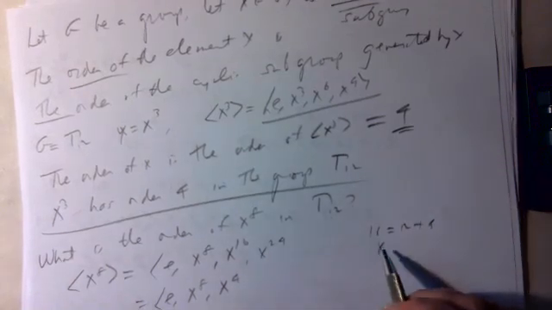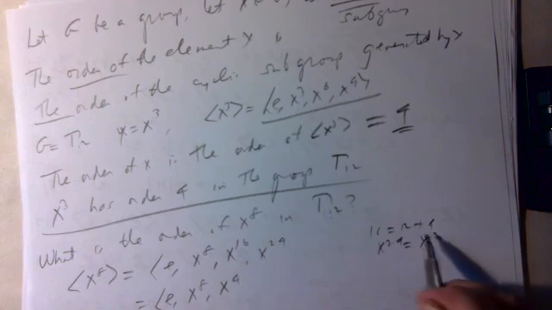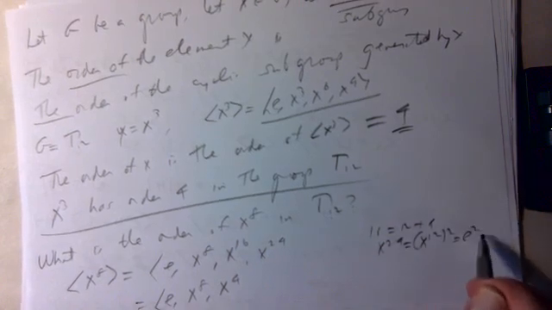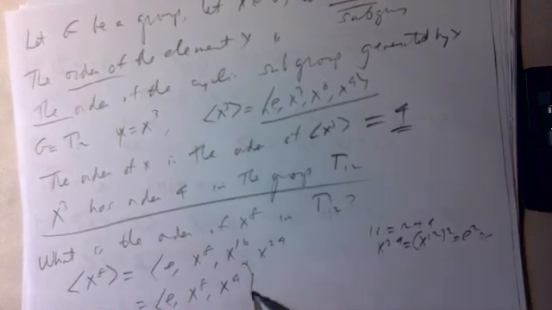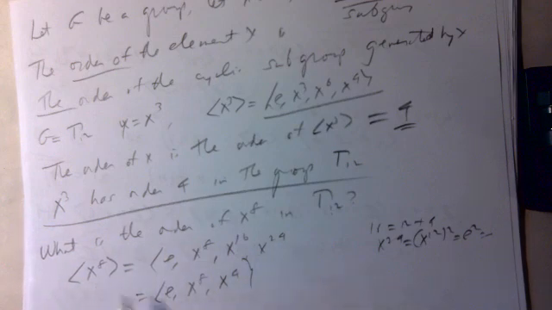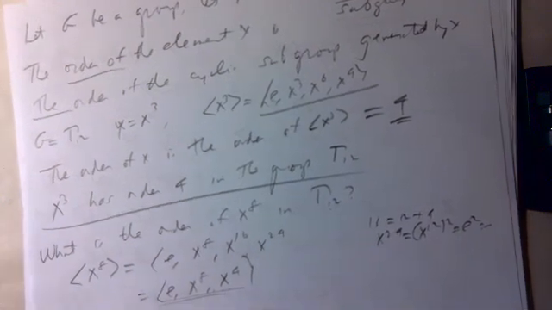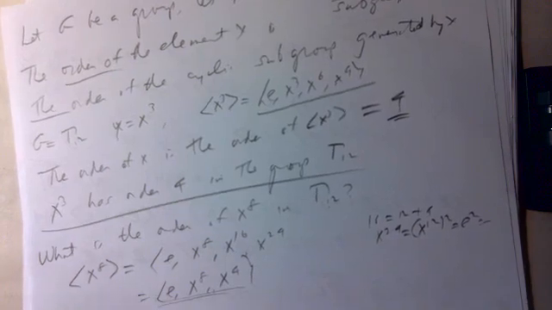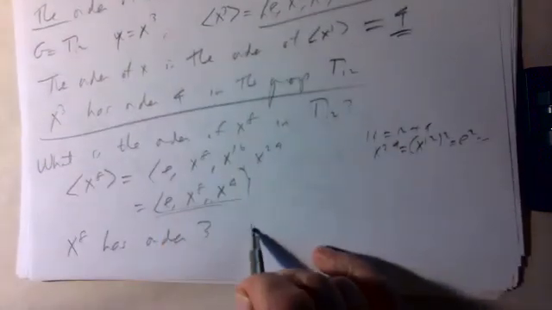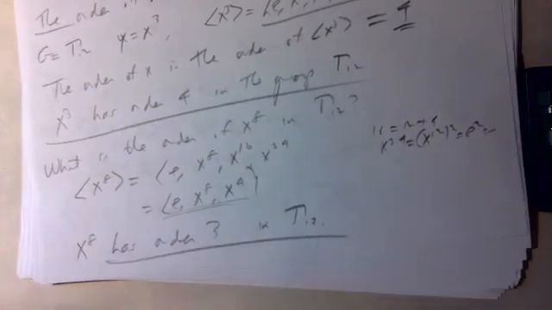X to the 24 is X to the 12 squared. That's E squared, that's E. So the subgroup generated by X to the 8th is this subgroup. So X to the 8th has order 3 in the group gamma 12.